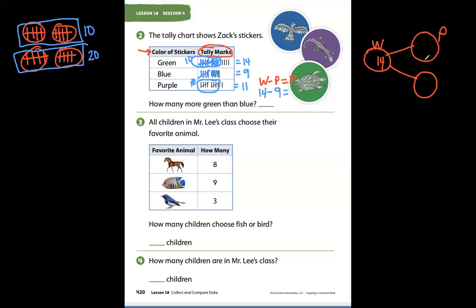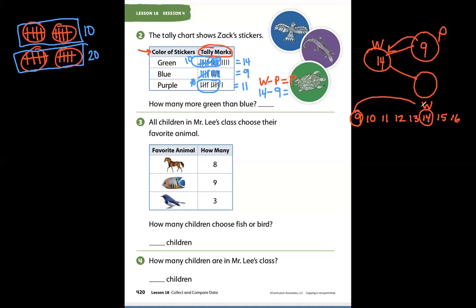The part I know is 9. We know we can always count on from the part we know up to the whole, right? We can use a number line, 9, 10, 11, 12, 13, 14, 15, 16. We can count on from the part we know up to the whole.